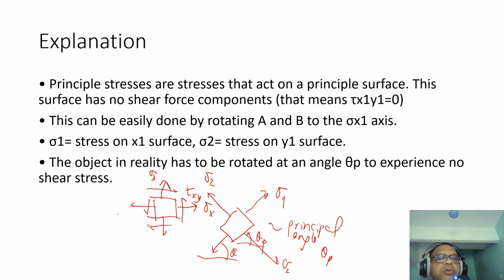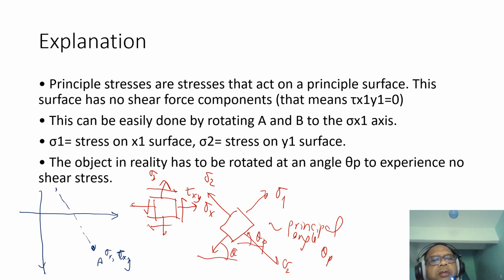So when you draw, this is the stress element. Let's say this is your point A. So sigma x, tau xy is your point A, and you have point B here. This is sigma y, tau xy.